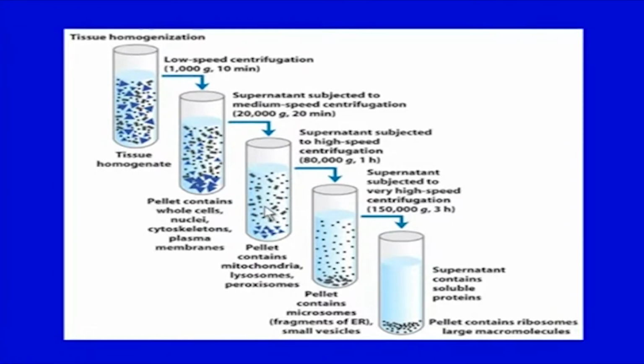Now, at this time you will go for higher centrifugation, like here it is 20,000 G force for 20 minutes, or you can go in slightly smaller steps, like starting with 10,000 G or so, but this is just to understand the whole concept. So, what will happen? It will pellet certain other subcellular organelles like mitochondria, lysosomes or peroxisomes; these will be sedimented.